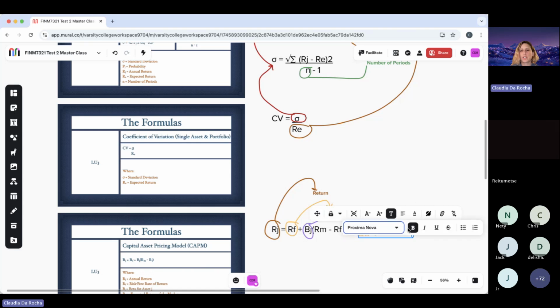But this is obviously the beta for your asset. What is important is that you understand that if they give you a question and they say the beta's in the opposite direction of the market, they are saying it is negative. If they're saying beta's in the same direction, it is positive.